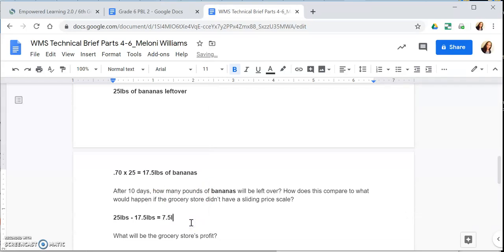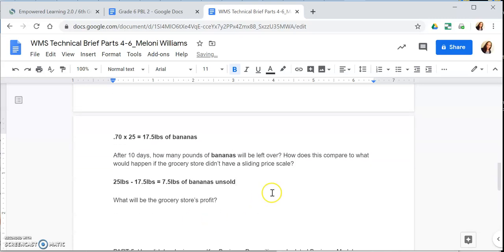So this is the amount of pounds of bananas that's going to waste, unsold.